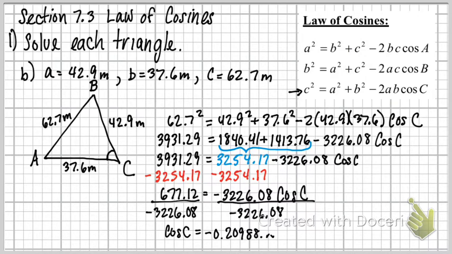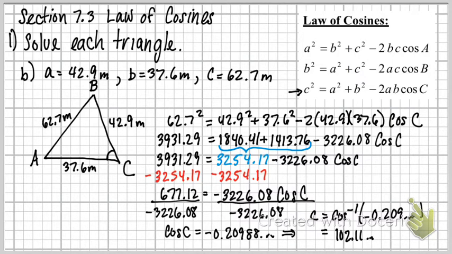It just keeps going. And then now what we have to do is take the cosine inverse of both sides. So C equals cosine inverse of negative 0.209 and so on. And that's going to equal 102.11 and so on.